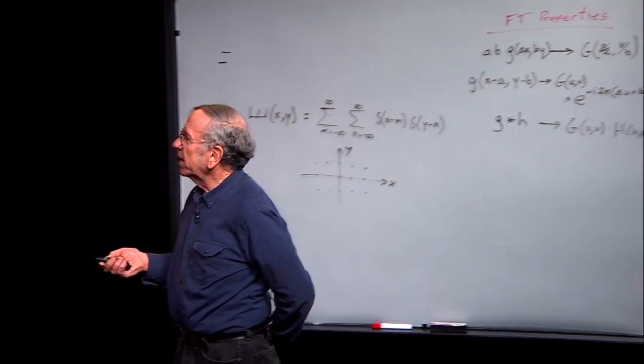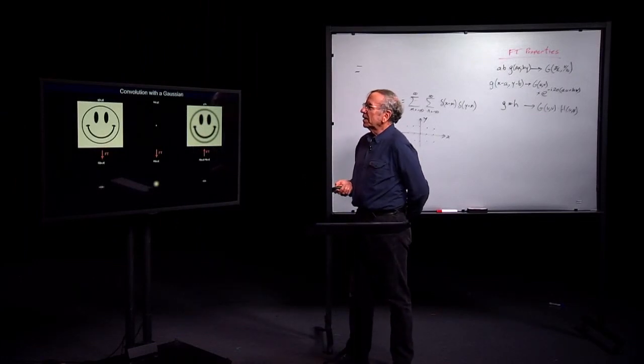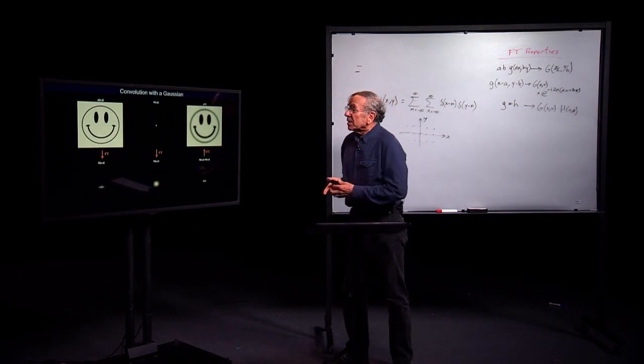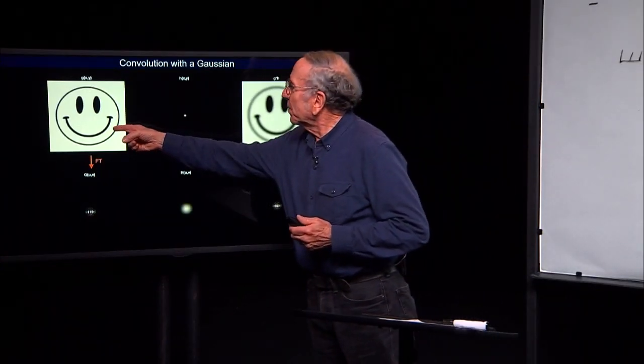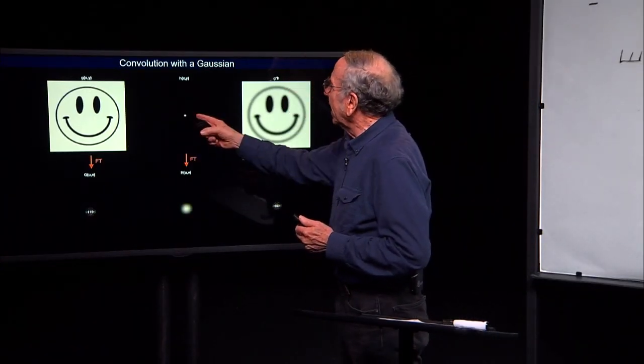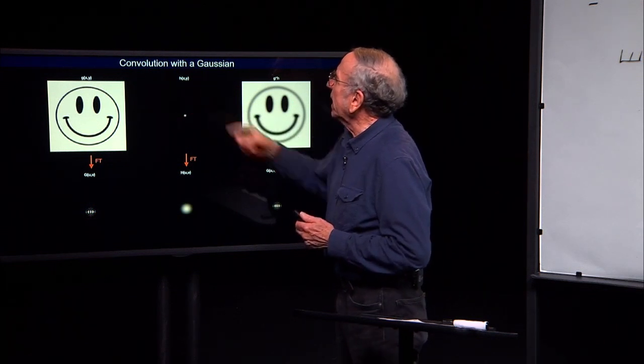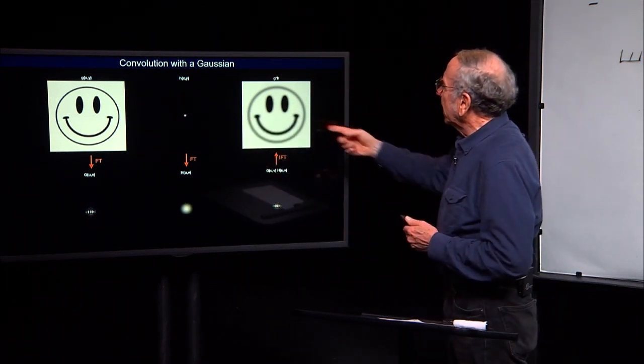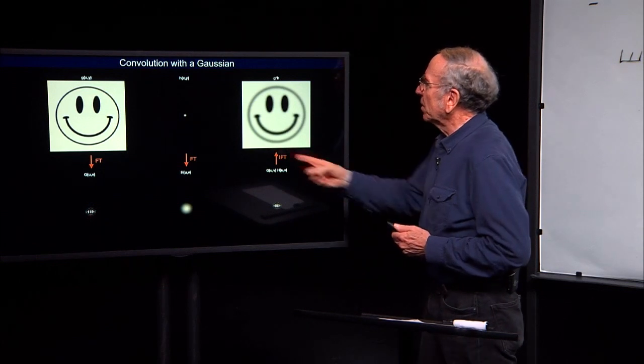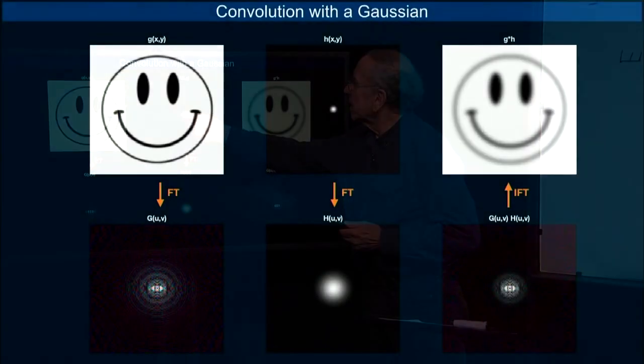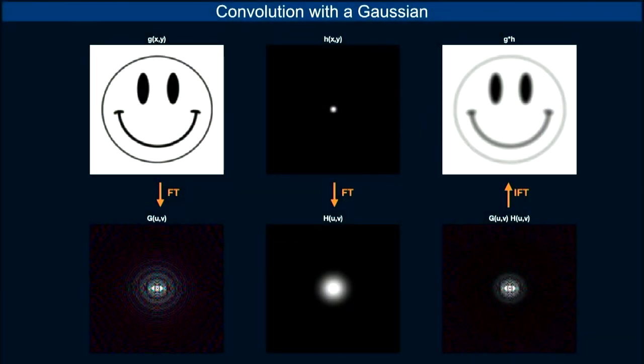So let's look over here where I'm doing a convolution with a Gaussian filter. So what I have is an image. This is my kernel, my h of x, y, and this is the convolution of the two. And what's happened, of course, is that this kernel is a Gaussian and it's going to blur the image. Now the way to compute that, well, I can take the Fourier transform of the original image.